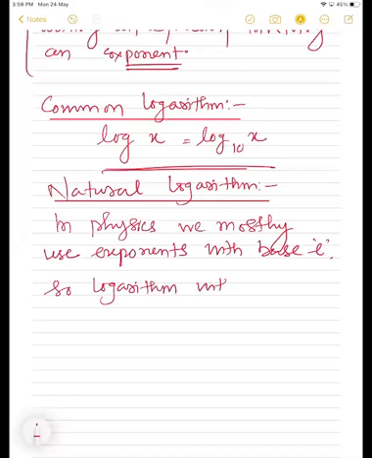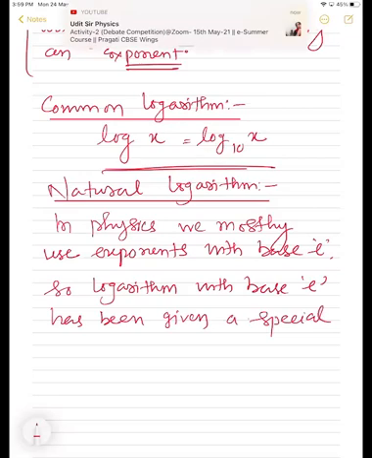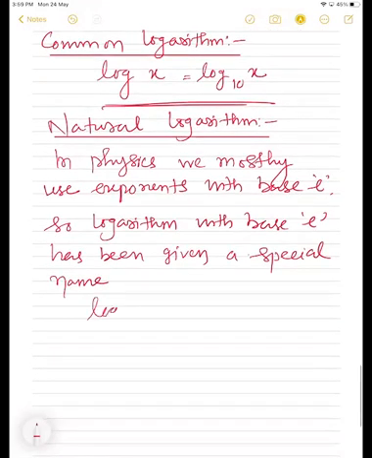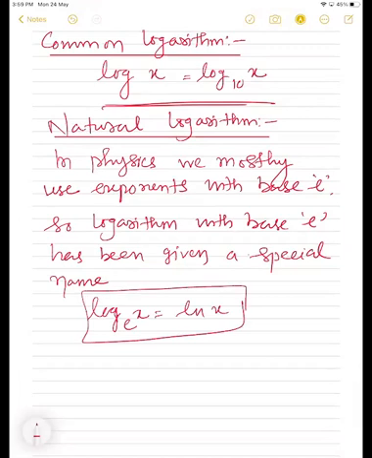So logarithm with base e has been given a special name, correct? That is log base e of x, which is equal to ln x, correct? e means exponential base, that is ln x, correct? Understood? Showing understood what is ln? We're asking.